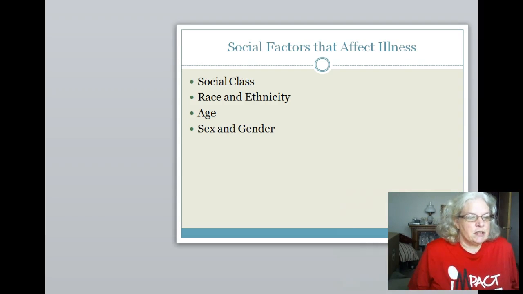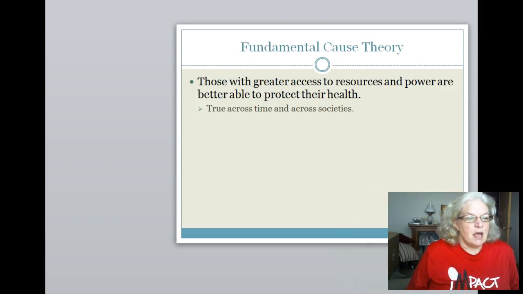We have an aging society, and therefore people who are older have more illness because they have chronic illness, but age affects at younger ages as well, depending on the lifestyle we live. Go back to our first picture and you can see that. And then sex and gender make a difference, don't they? Very significant differences.